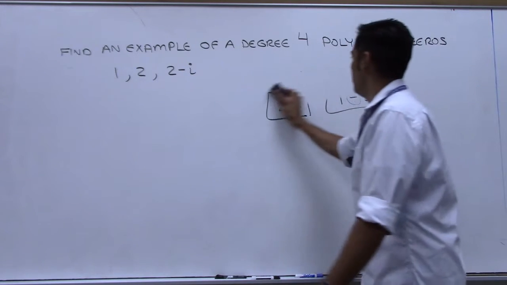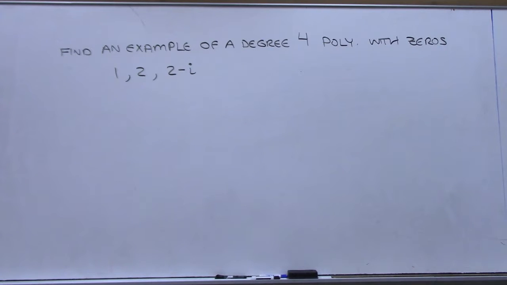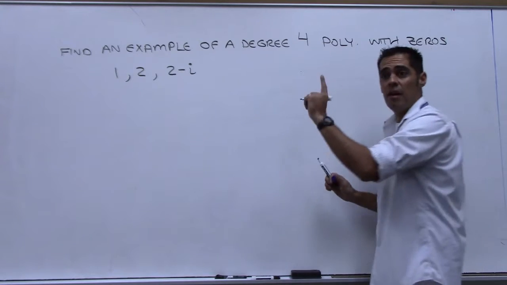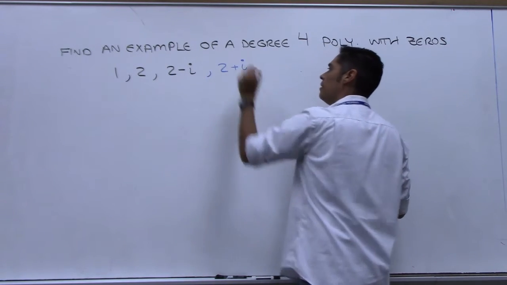So I want you to give me an example of a polynomial that has degree 4 and has those zeros. There would be one more zero. So you have to know the conjugate pair theorem, which tells you that there's actually another zero here. What's the other zero? 2 plus i, right?